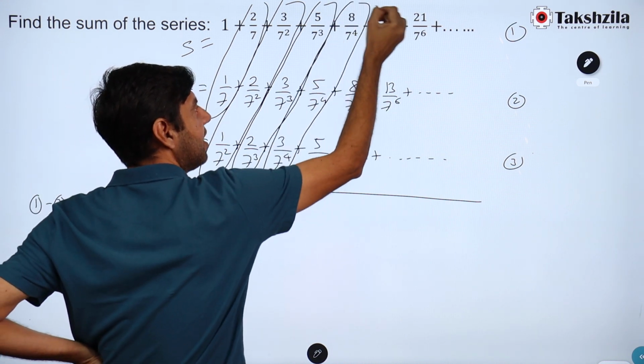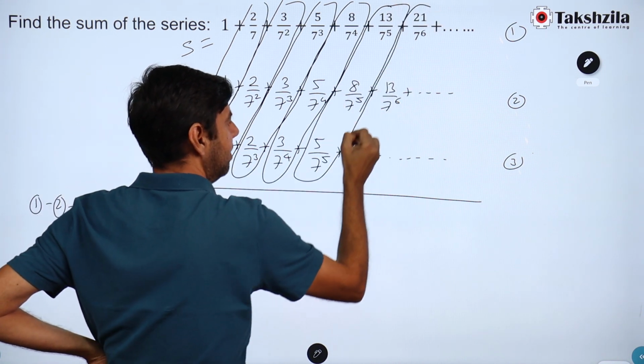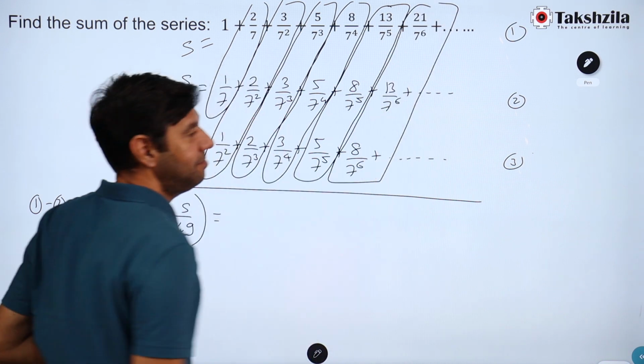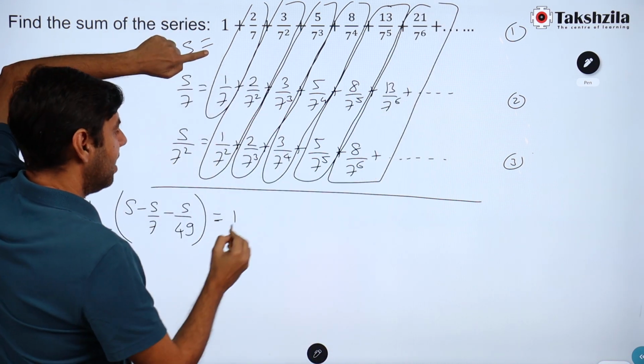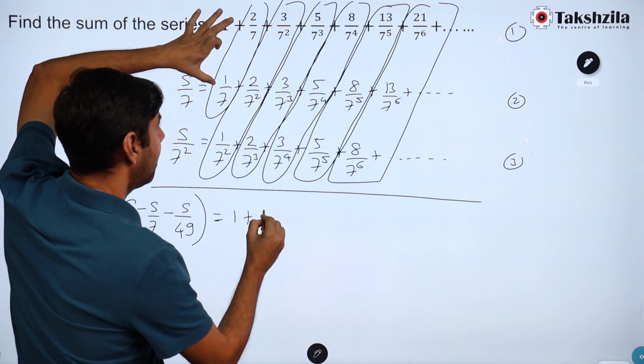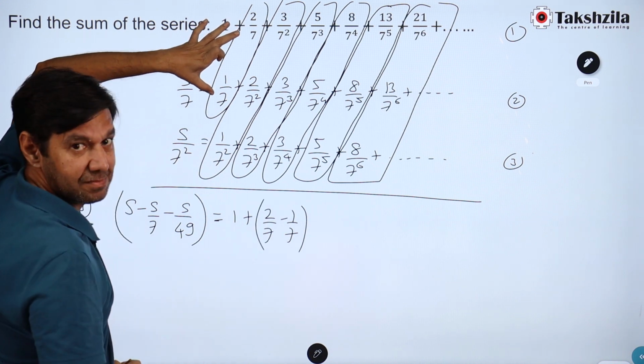So since the denominators are equal, we can directly subtract them, and so on. So we have a 1 which will be as it is. Then we'll have a little outlier, 2 by 7 minus 1 by 7.